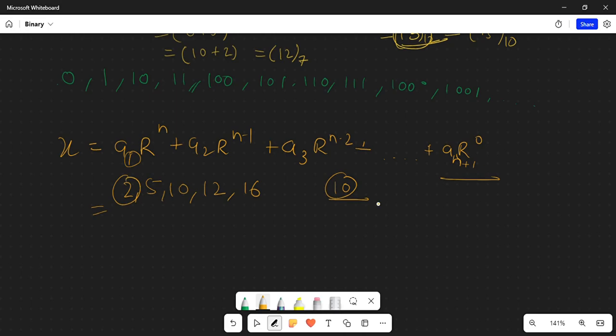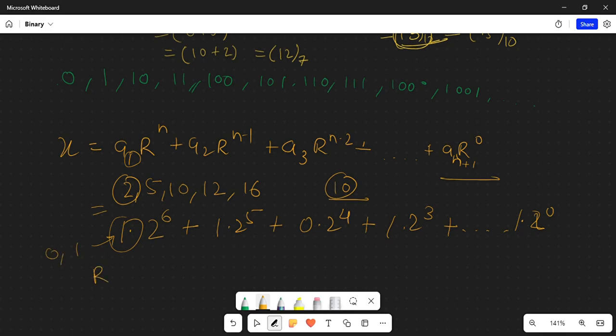For example, for binary it is 2. We are writing things like this: 2 raised to 6, some number, plus 1 times 2 raised to 5 plus 0 times 2 raised to 4 plus 1 times 2 raised to 3, and so on up to 2 raised to 0. So for radix 2, this coefficient never goes beyond 1. It could either be 0 or 1.